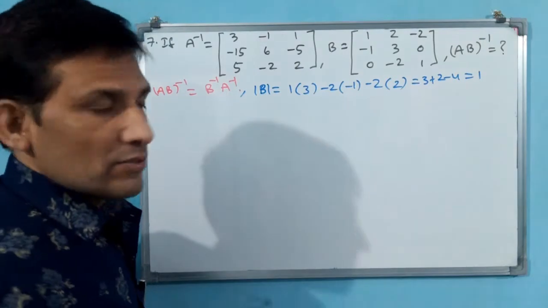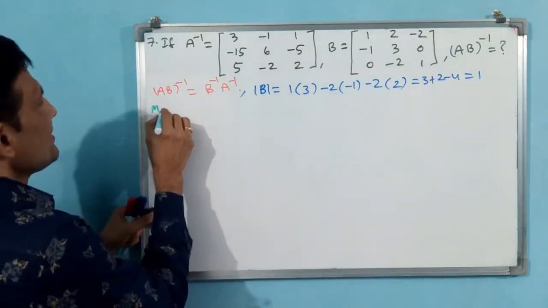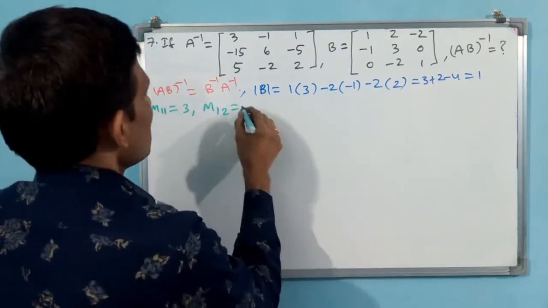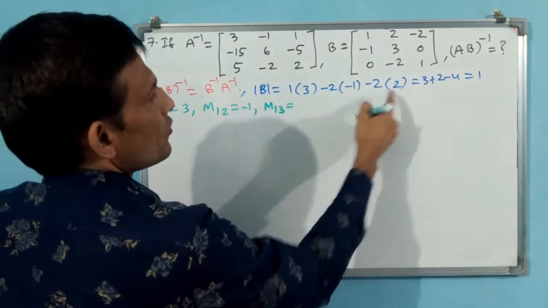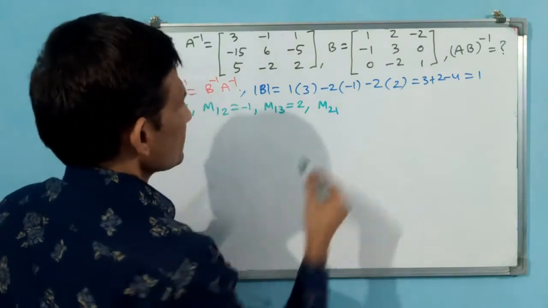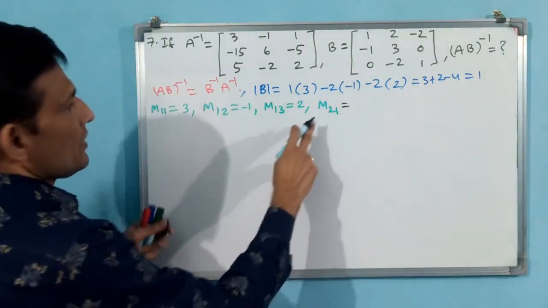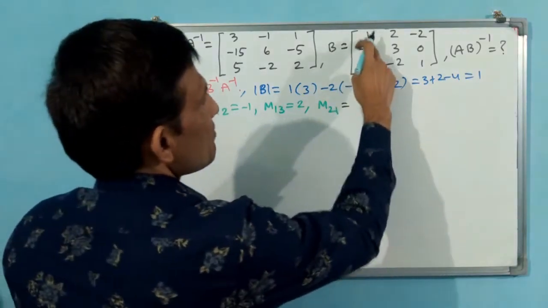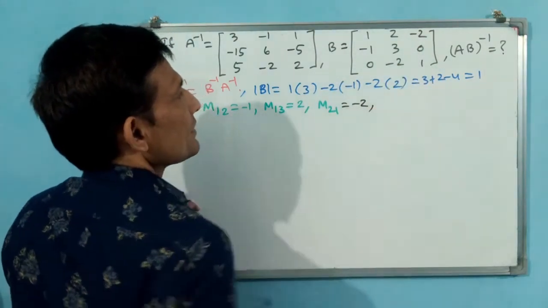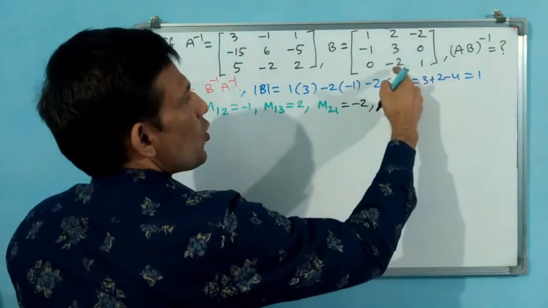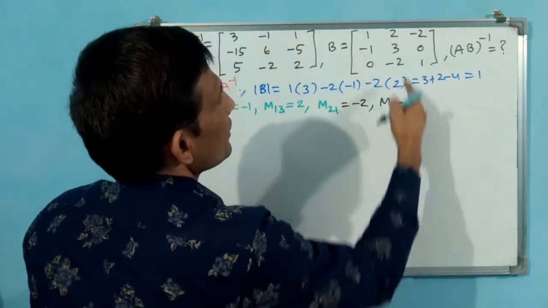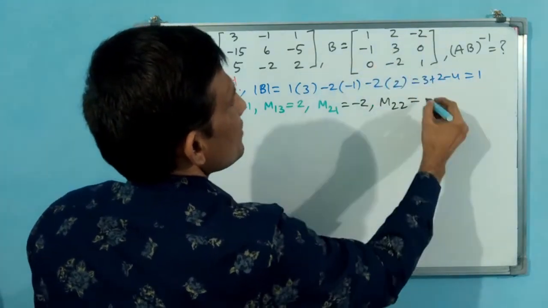If you find adjoint, then you can proceed easily. Okay, minors I am writing, you see how, M11 is equal to 3. M12 is minus 1. M13 is equal to 2. Okay, now M21 I am writing, M21. Closing 2 minus 4, minus 2, is it okay? Why? Because 2 minus 4 is minus 2. Okay, M22, you are closing this, 3, 1 minus 0, that means 1 only.